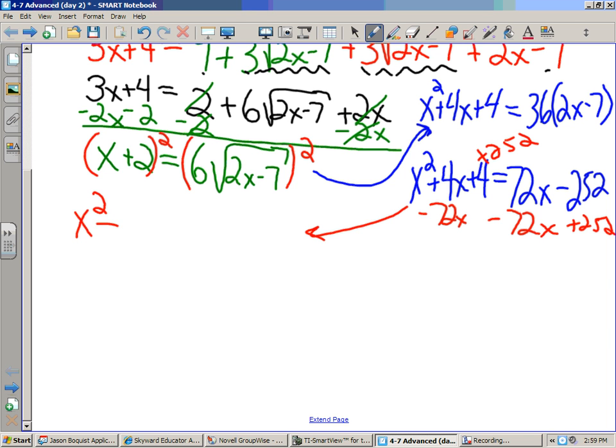So what is negative 72 plus 4? Negative 68x. It's a positive 4 and a positive 256, or 252, equals 0. Now, believe it or not, that actually does factor, but I don't know how many of you are going to just tell me the numbers that multiply to be 256 and add to be negative 68. 12 and 11, really?